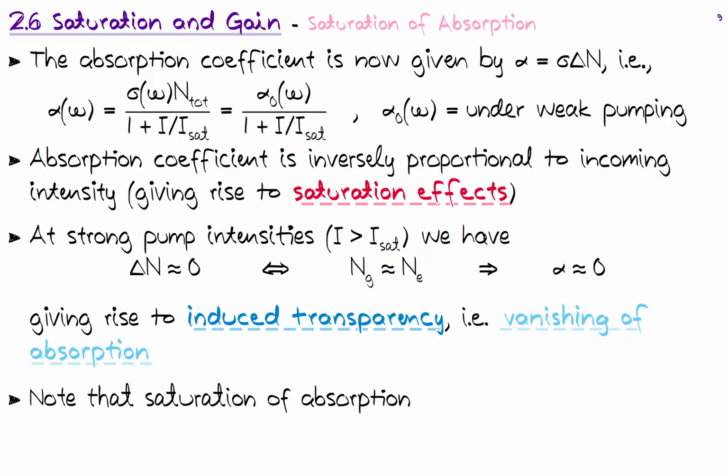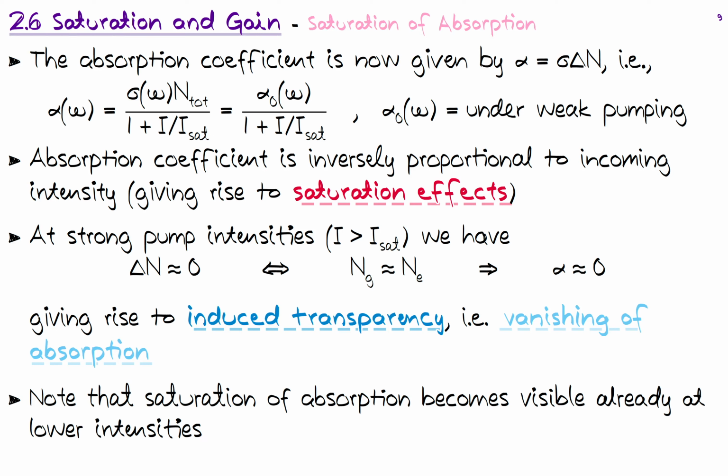And please note that this saturation of absorption is not just something that happens in this ultimate limiting case, but it becomes visible already at lower intensities. So it's a phenomenon that must be taken into account basically all the time when we are looking at laser dynamics and lasing action. This is a really important property of lasers.